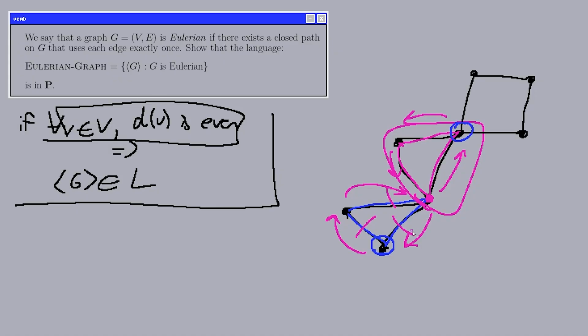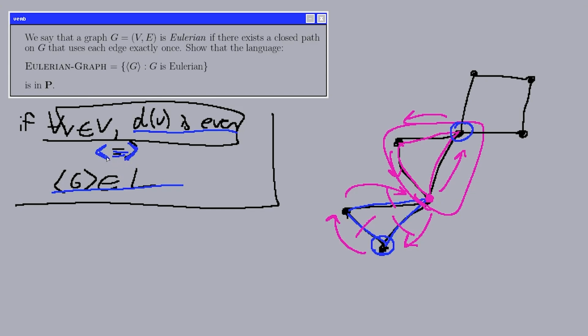And so with this method, we can prove that indeed, if our graph has all vertices with an even degree, we just showed that there is a path that uses exactly each edge once and comes back to the initial vertex. And so we prove this. And now, because in the earlier part we proved the other direction, we have the equivalence.